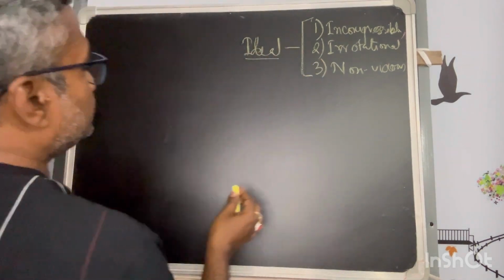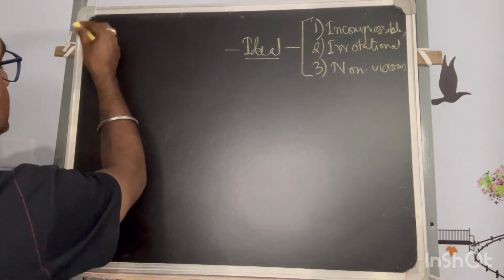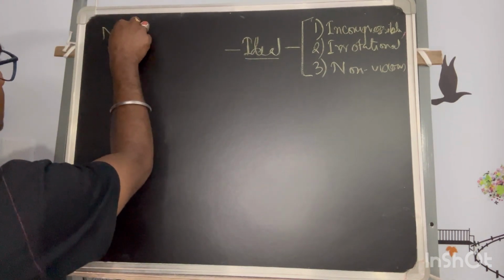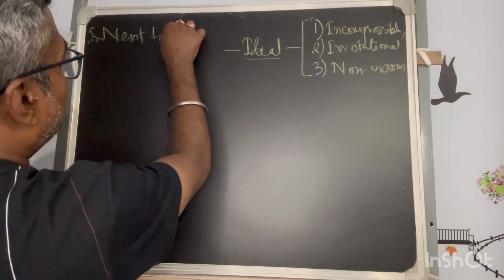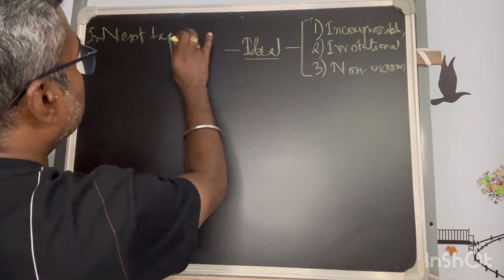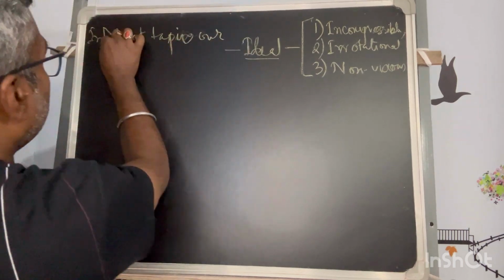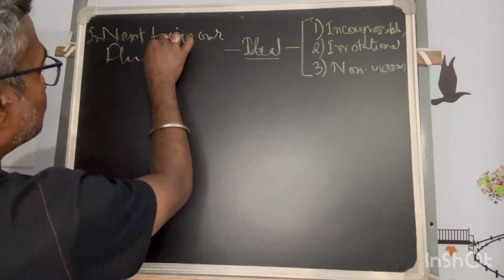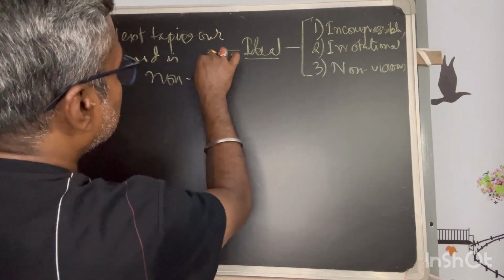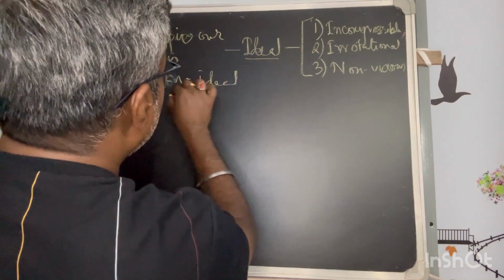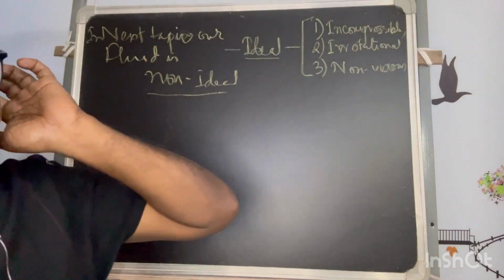Now we'll move on to the non-ideal fluid. This is our next topic. In the next topic, our fluid will be non-ideal. If I say non-ideal, does that mean that all the parts are deviated?